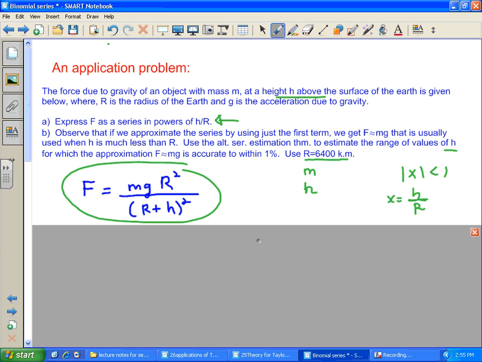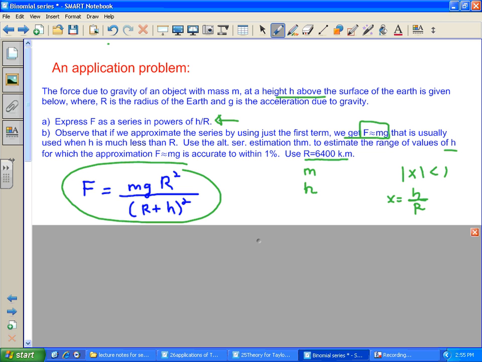And the nice thing about this problem is they want us to show that for values of h, first of all, if we use only the first term of the series, we will get force equals mass times gravitational constant, F equals mg, which is a formula most people would be familiar with. So in a sense, what we have here is the more general version that applies to objects that are much farther away from the Earth.